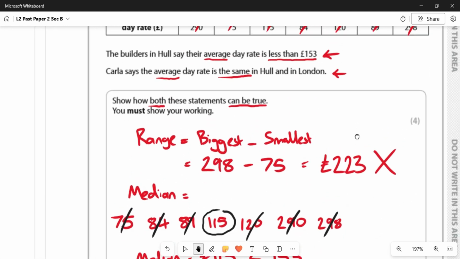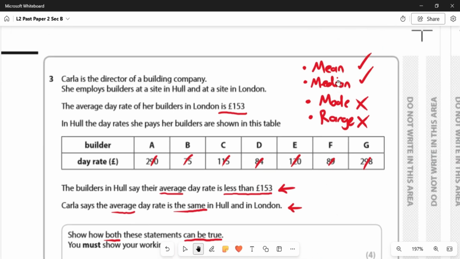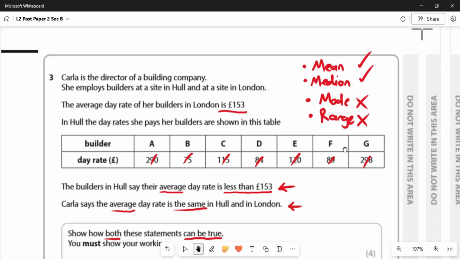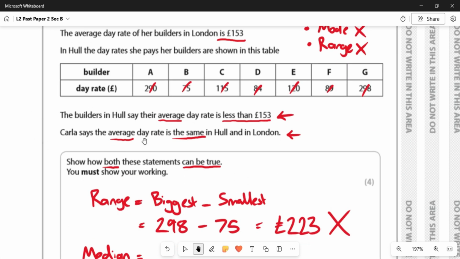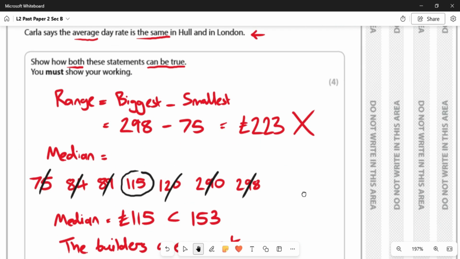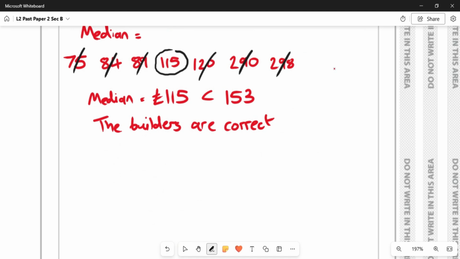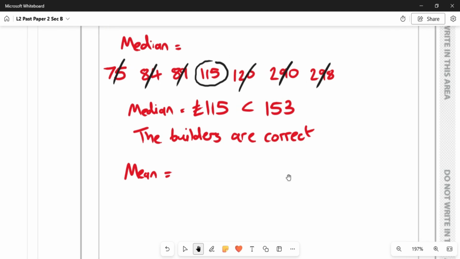Now, I reckon if you work out the mean, which is the last average that we haven't done yet, that will be for Carla. Let's just double check. Let's work out the mean, which is, you'll have to add these up together.